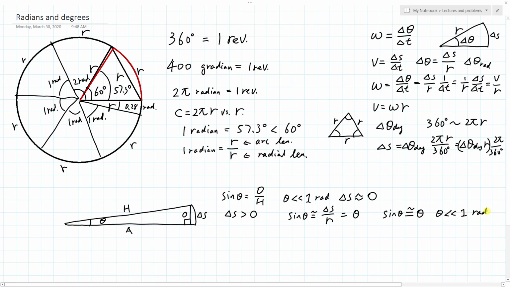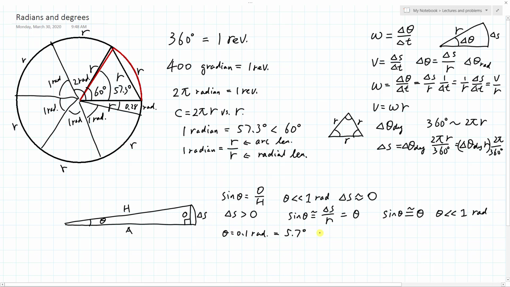I can give you an example. Say theta equals 0.1 radians. That is equivalent to 5.73, so about 5.7 degrees. It's not very small. It's kind of small, but not that small.